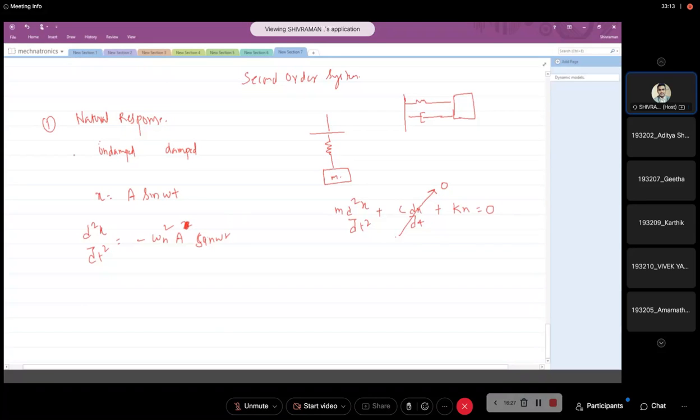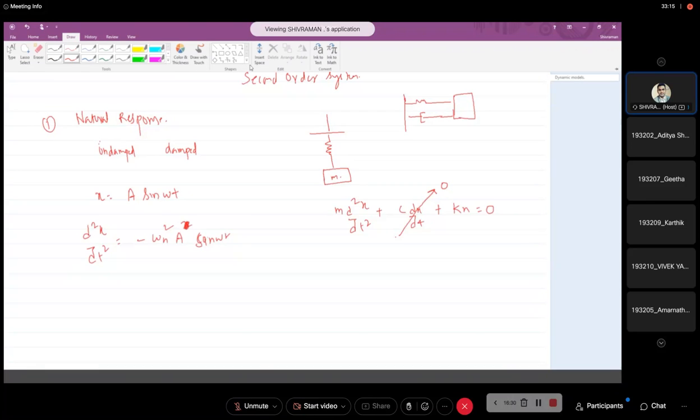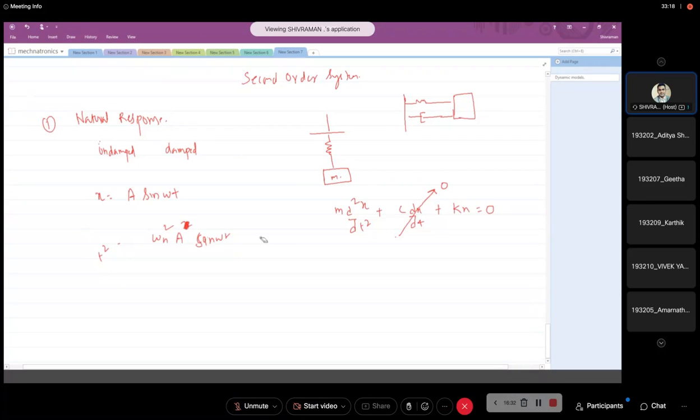So dx/dt is equal to A omega n cos omega t, and d²x/dt² is equal to minus A omega n squared sin omega t, which is x.